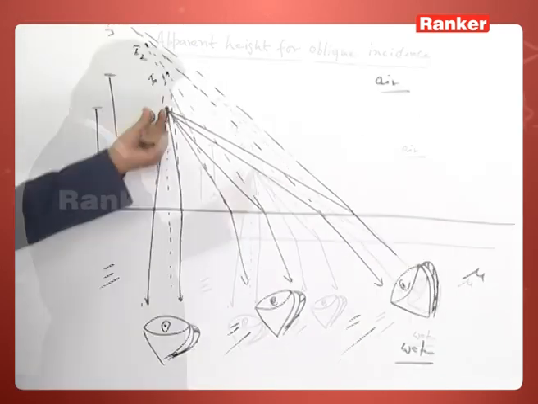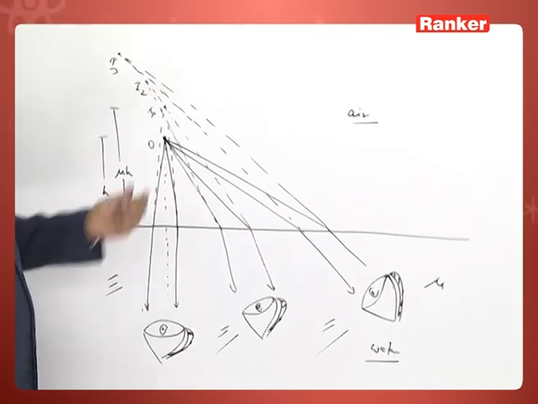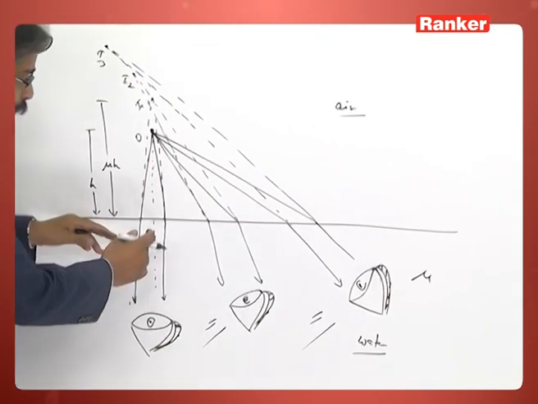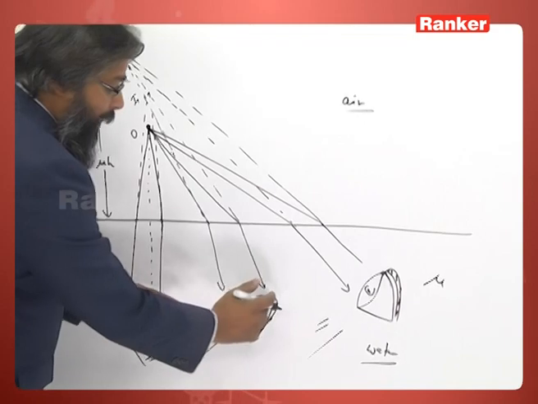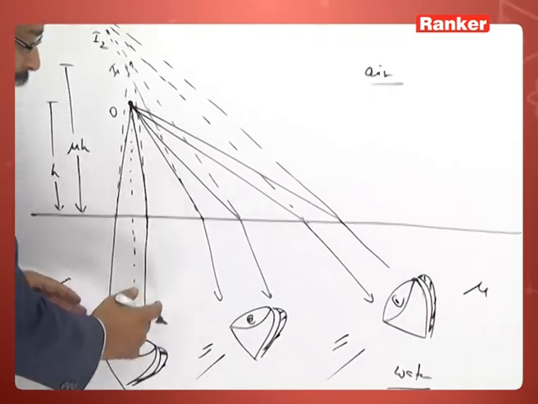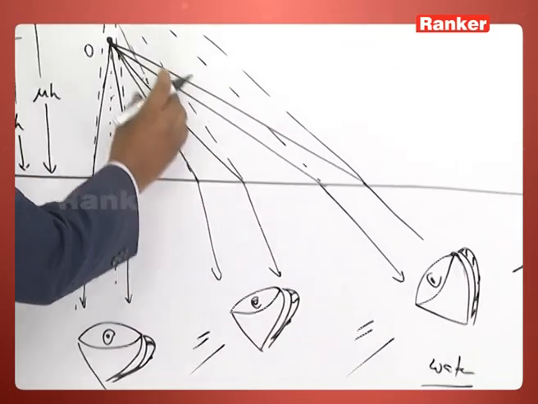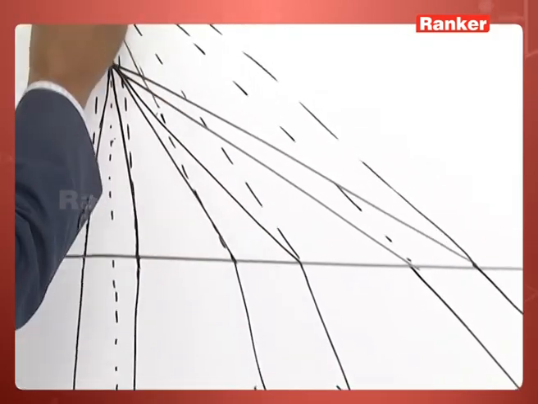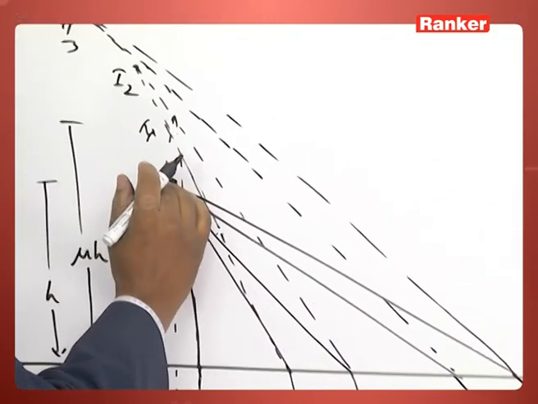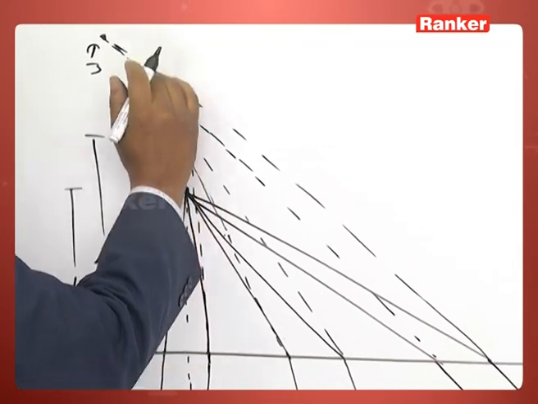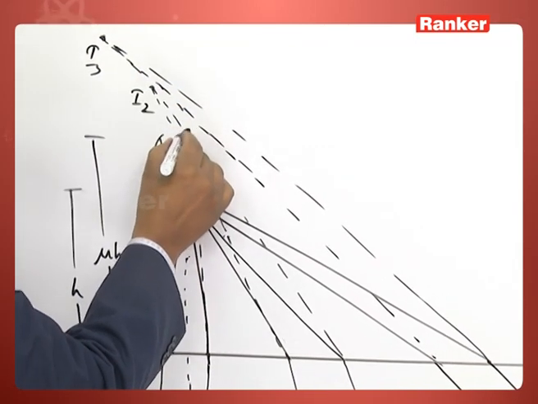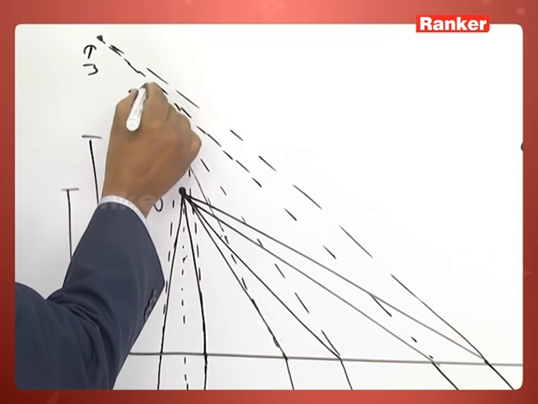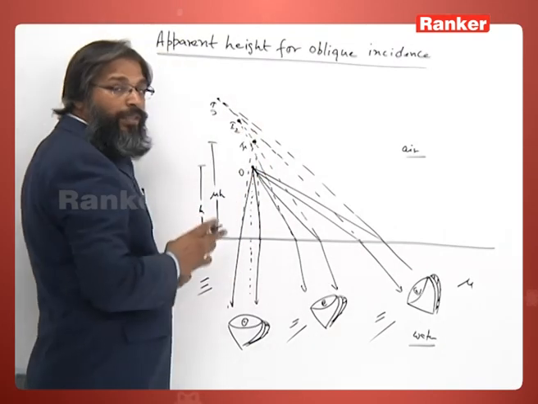If we are seeing normally, the object O will appear to be at I1. But if I change my angle of vision, if I am here, this ray will further go and meet here. So the image will be further raised from I1 to I2, and it will shift this way.